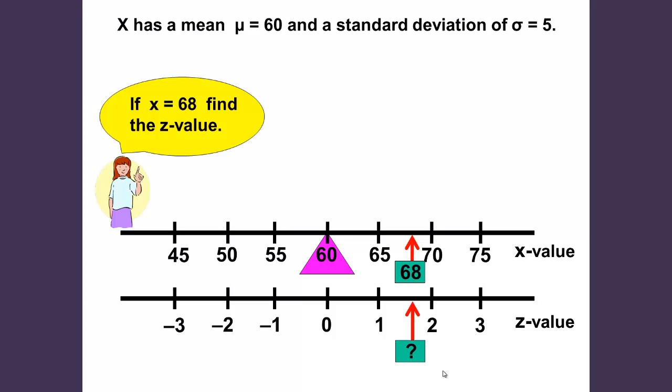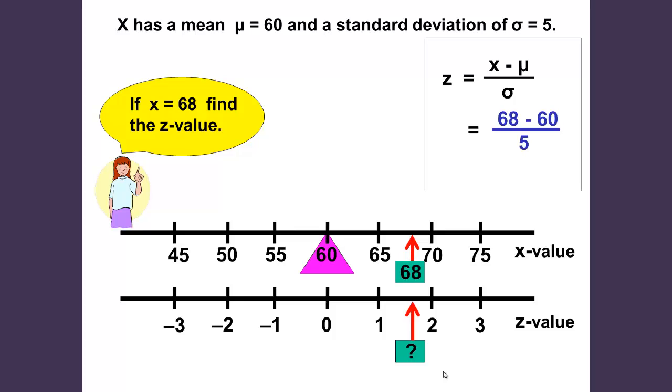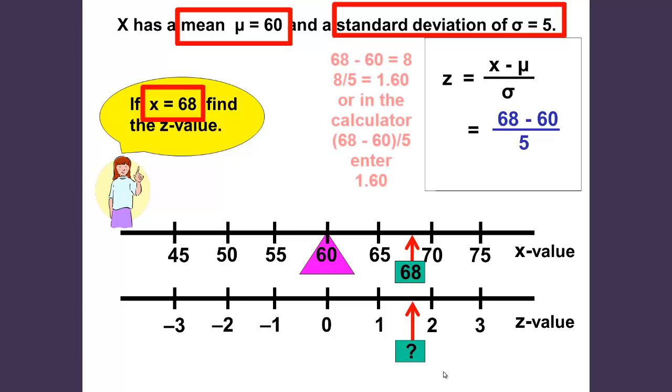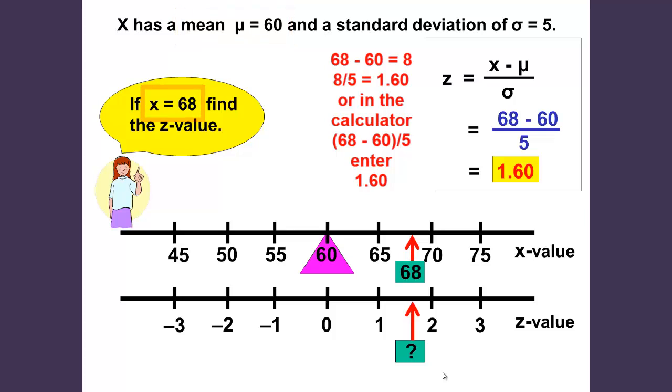If x equals 68, find the z-value. We would use the formula. Z equals x minus the mean divided by the standard deviation, 68 minus 60 divided by 5, which is 8 divided by 5, which gives us 1.6.